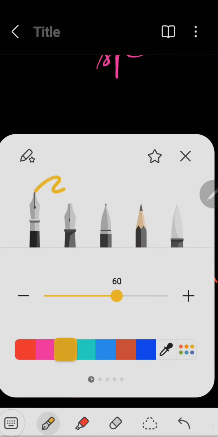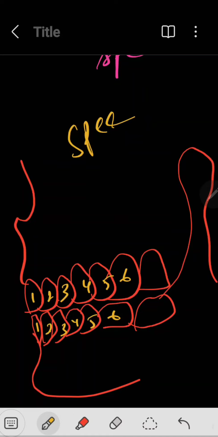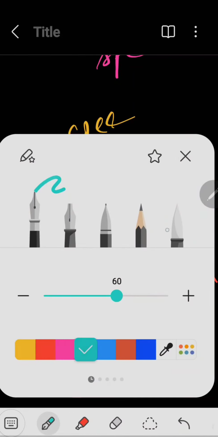Basically, if we describe the curve of Spee, this is 1, 2, 3, 4, 5, 6. Similarly, 1, 2, 3, 4, 5, 6. Why have I numbered these? Because the curve of Spee, which I have been talking about, starts from the tip of the lower canine.